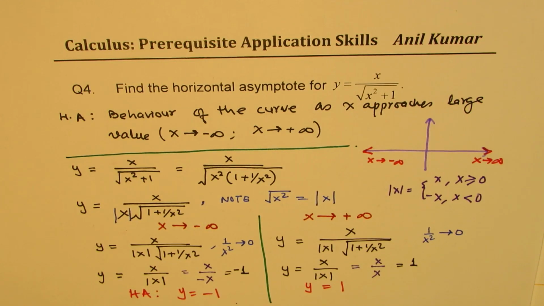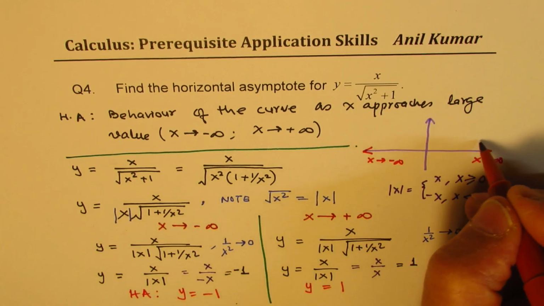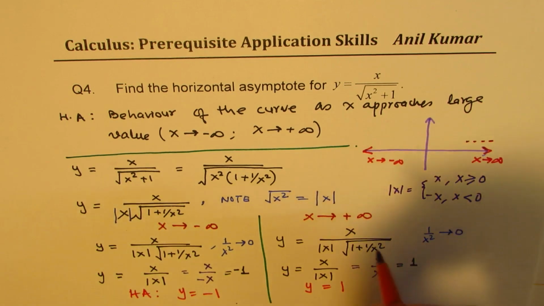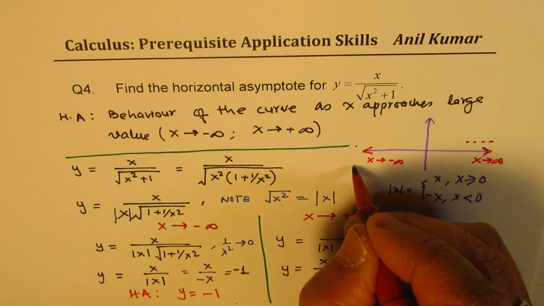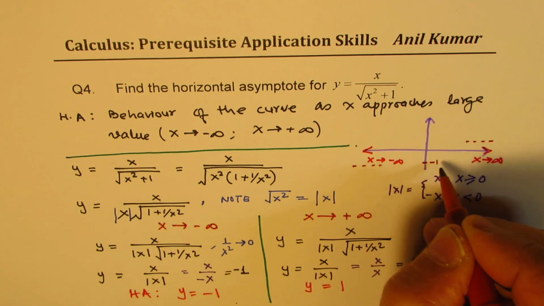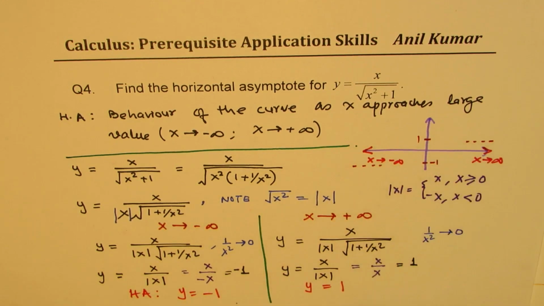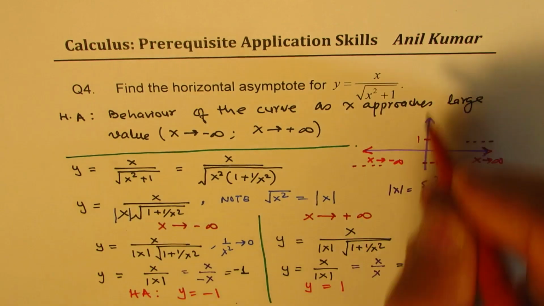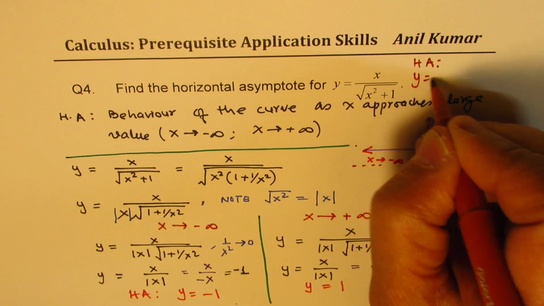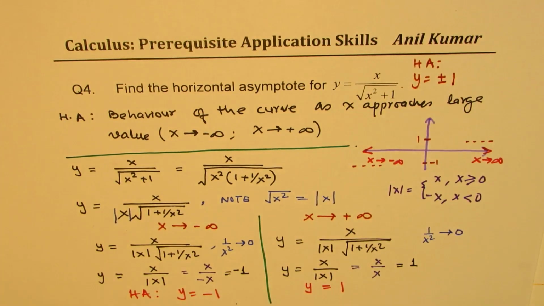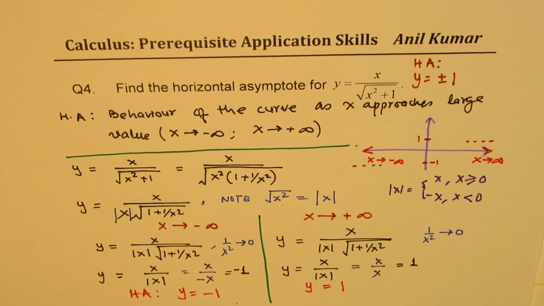So we get two horizontal asymptotes. So for this particular case, we get two answers. So the horizontal asymptotes are y equals plus or minus 1, as you can see from the work we have done. So I hope this is absolutely clear.